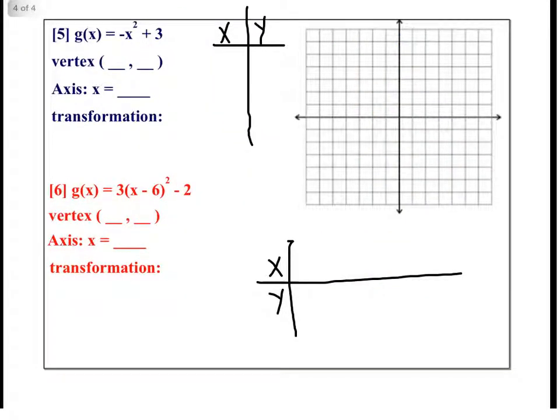Alright, 2 more examples. So I have negative x squared plus 3. There's nothing in parentheses with my x, so this is going to stay 0. And this is going to become positive 3. My axis of symmetry is still at 0. Well, I know that negative sign in front of x squared flips it. So this is going to be flipped.